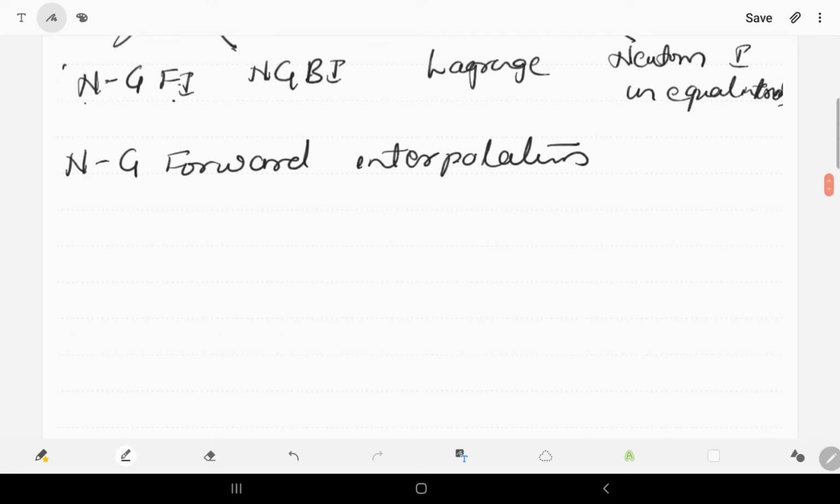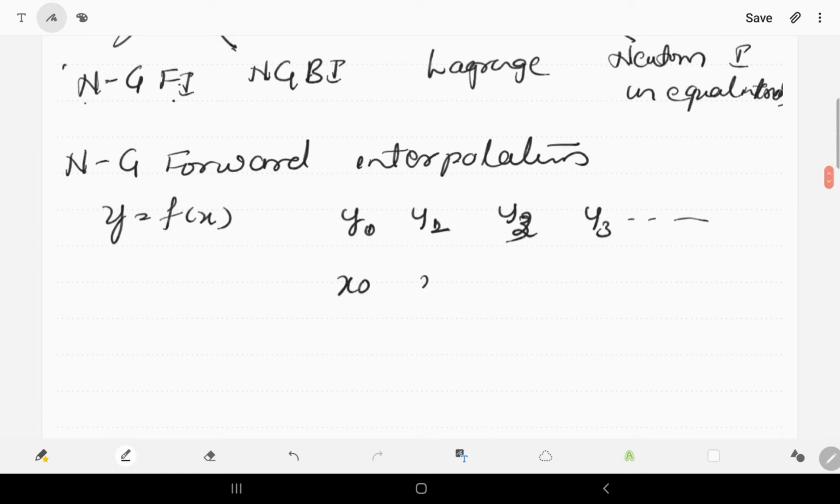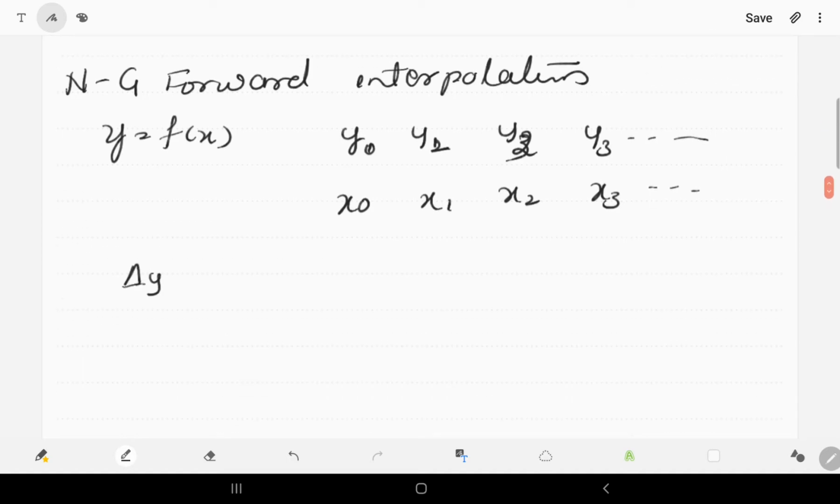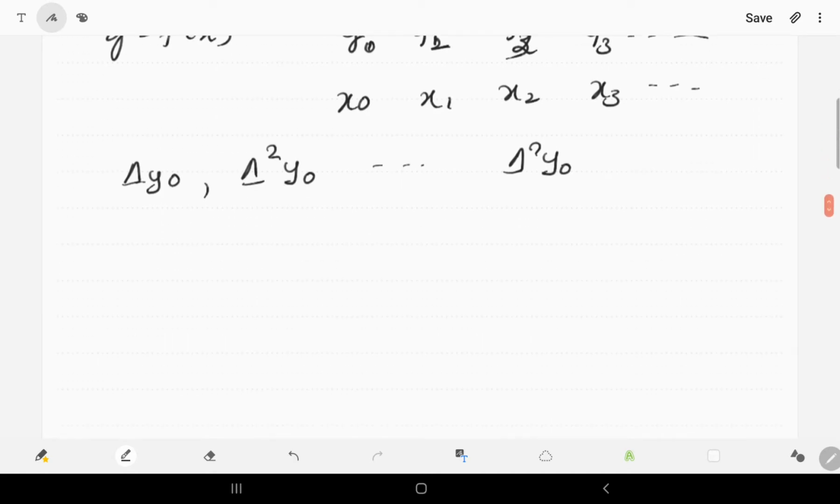So here y is equal to f of x is the given curve and y takes the values y0, y1, y2, y3 and so on. Corresponding values of x are x0, x1, x2, x3 and so on. We will find out delta y0, delta square y0, delta cube y0, delta raised to n y0 using the difference table.